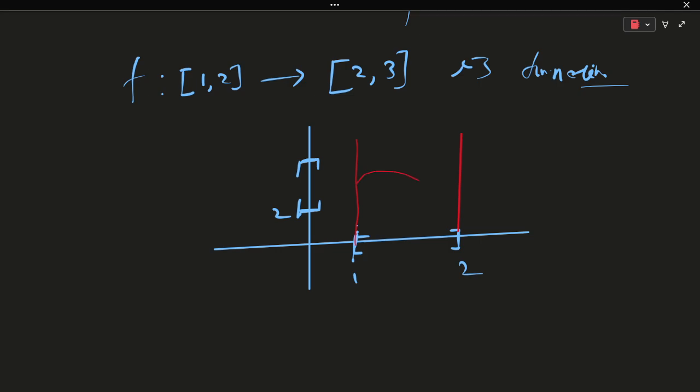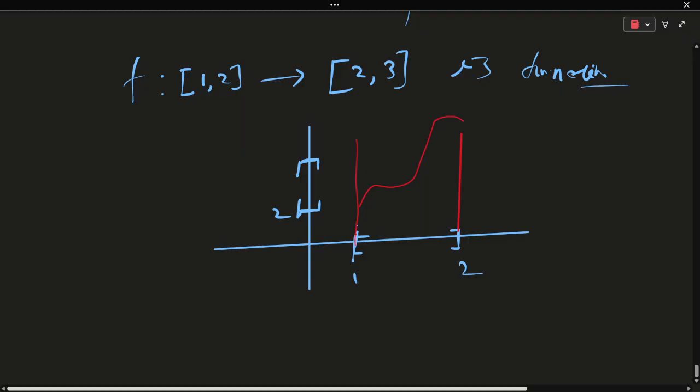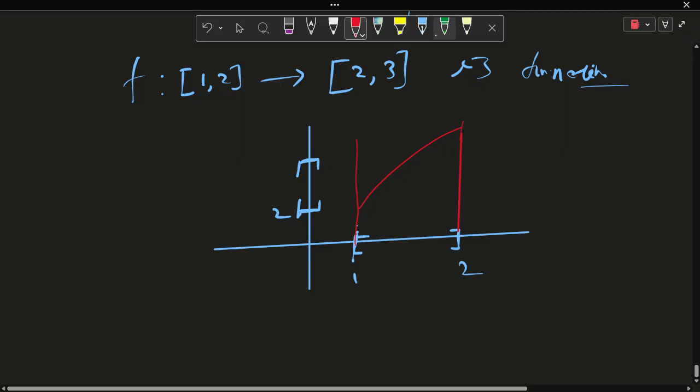If you take this line, it is not possible, because 2 is an element of the domain, so f of 2 must also belong to the codomain, which is 2 to 3.